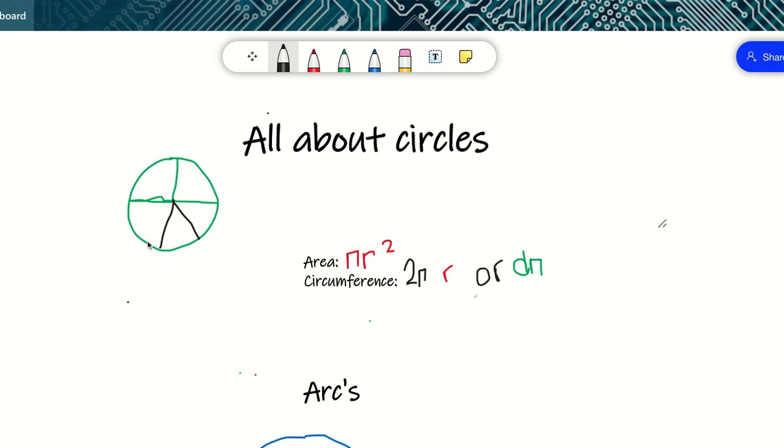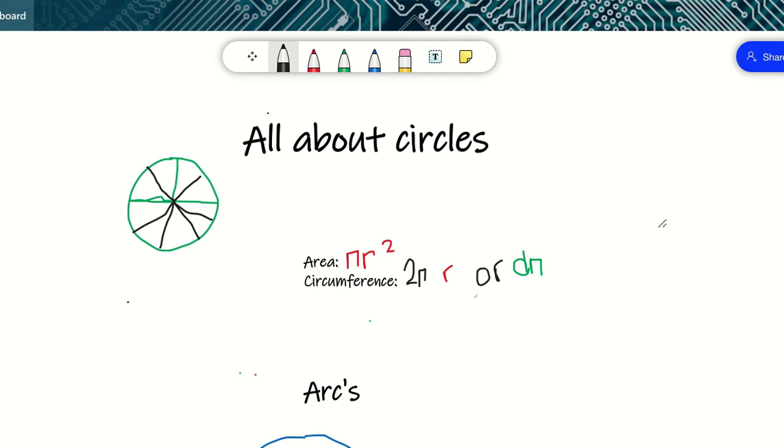Basically, it's a line that stretches from one edge of the circle through to another edge that passes through the center. It also doesn't have to go through just in this direction. It can be here, here. So, yeah, the radius and diameter are really important when we're discussing circles.